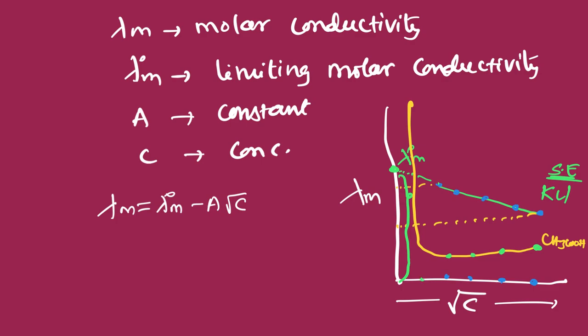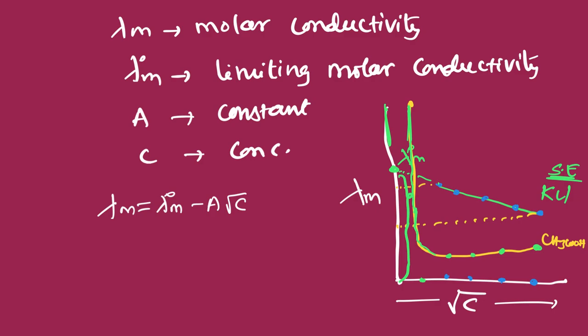But at this concentration, suddenly the degree of ionization increases, therefore the number of ions at a time increases, therefore this graph suddenly rises and becomes parallel to the y-axis. So we cannot extrapolate this graph because it is parallel to the y-axis.